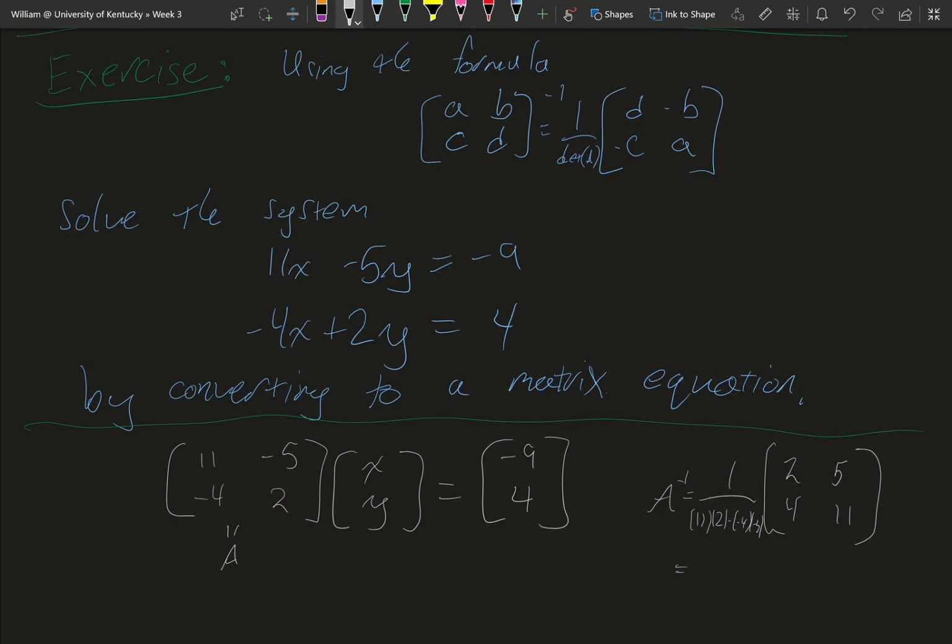And I think I forgot to say something about this, but if I write a scalar out in front of a matrix, that just means I multiply everything inside by that number. So this is 1 over 11 times 2 is 22, minus -4 times -5, so that's just positive 20, so we get 1/2.